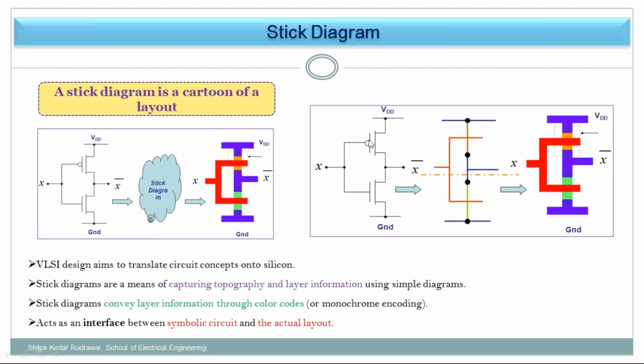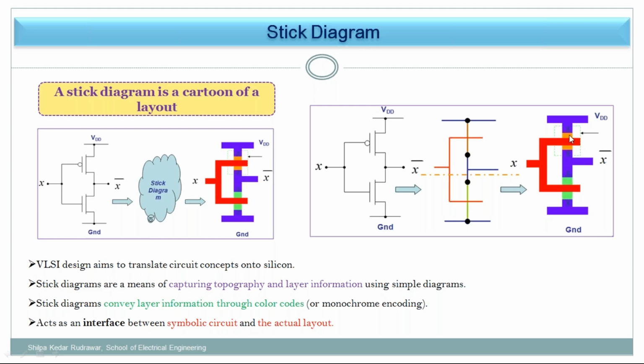This PMOS is defined by this particular structure. You are able to see this blue, this orange, and this red, again this blue, orange. This is actually diffusion. Suppose this is a PMOS. Which diffusion is there? P plus diffusion. This is the red color. This is the polysilicon, which is the gate. Again, this is the diffusion.